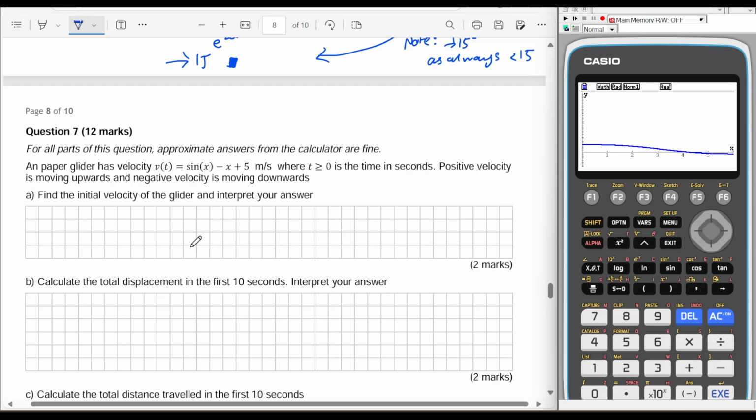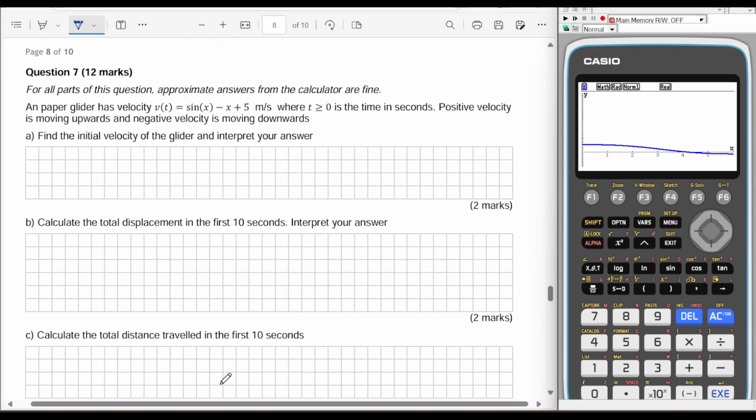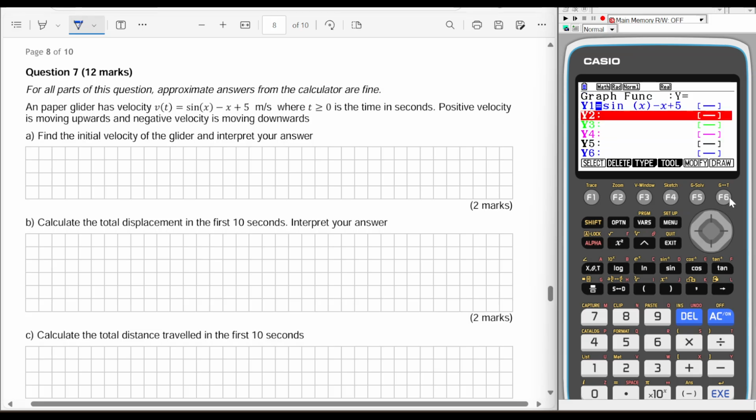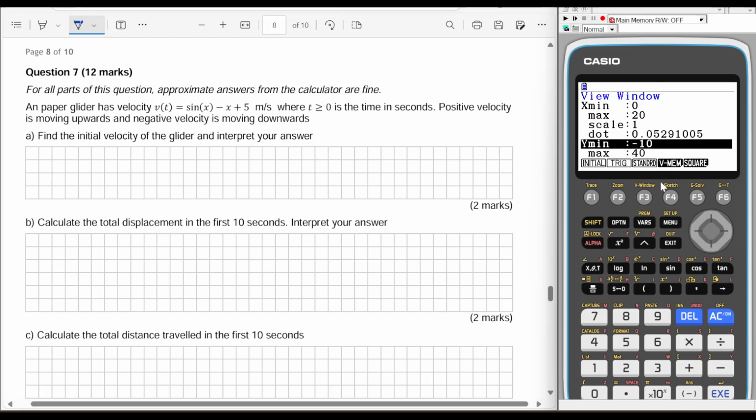Okay, so we're talking about things in the range of 10 seconds. So maybe let's just look for the first 20 seconds on the graph. There we go, and that actually looks pretty good already. Maybe I'll squeeze the window down a little bit. You don't necessarily need to, it just will help me show what's going on for this video.